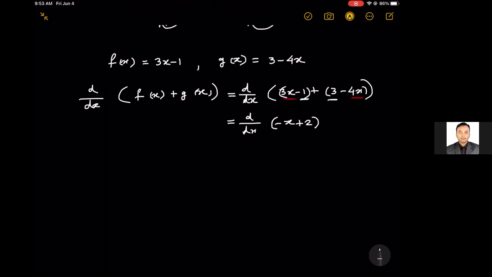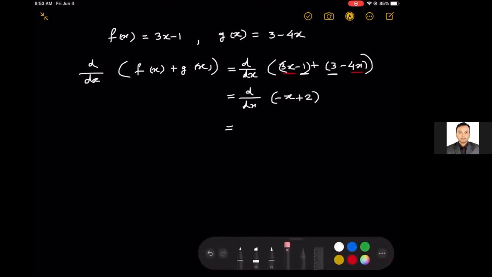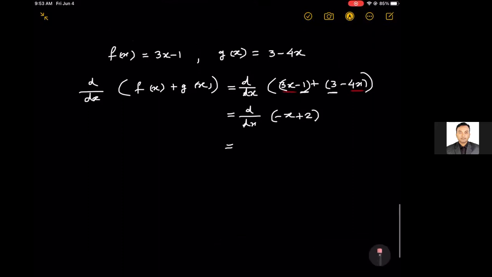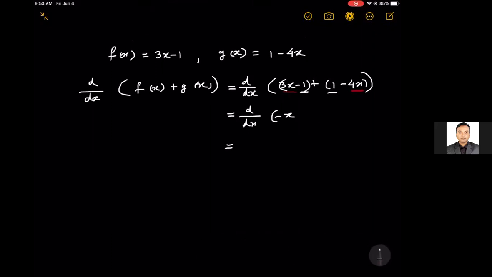Okay, now let's do that. So now I think I should have tried, yeah, let me make adjustments so that it makes more sense. Instead of 3, let me try with 1 here, so that it becomes 0.